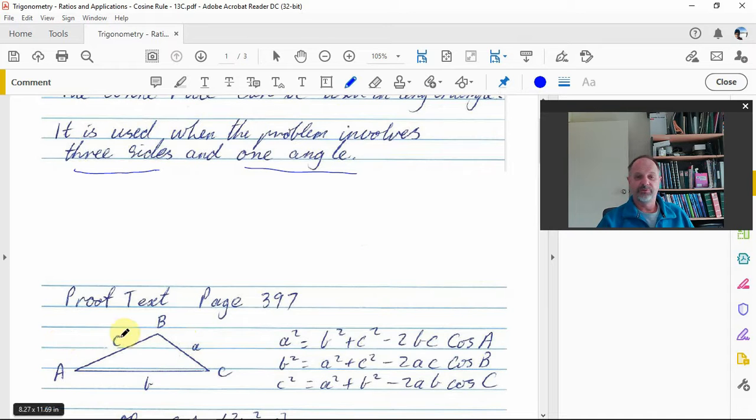But if you have a triangle, just like we did before, ABC, labelled the same as before, then there's three versions.